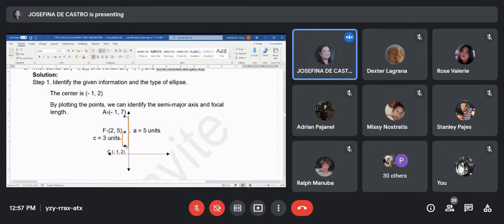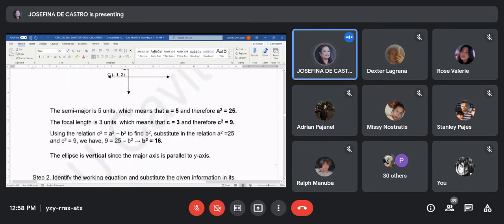And then, you count the number of units from the center to 1 focus, 3 units, therefore your C is equal to 3. And then from center to A sub 1, 5 units, therefore your semi-major is 5 units. So your A is equal to 5, A squared is equal to 25, your C is equal to 3, your C squared is equal to 9, and then wala tayong B squared. So use again the relation C squared is equal to A squared minus B squared to compute for B squared is equal to 16.